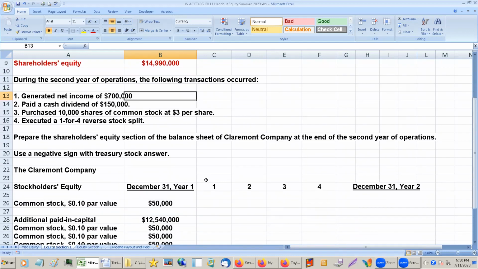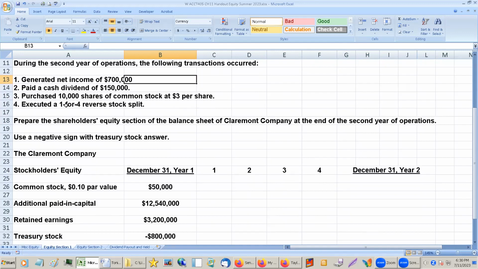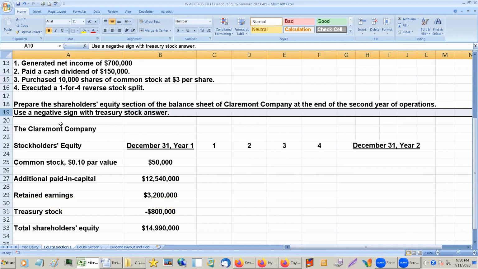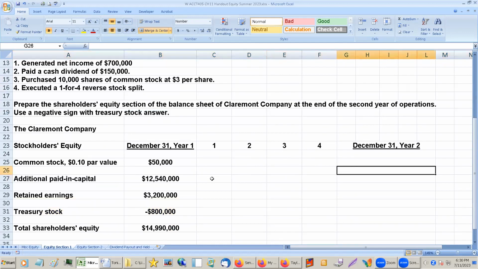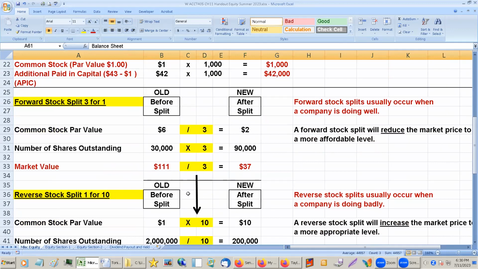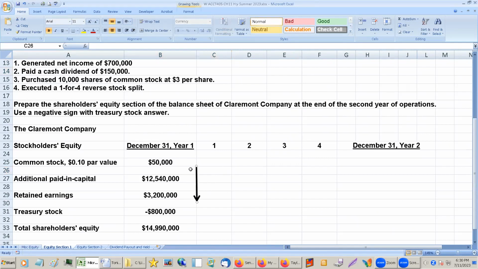Let's go down here. These are some of the transactions that occurred, and we're going to fill in our numbers for each of these items. Number one, generate net income of 700,000.